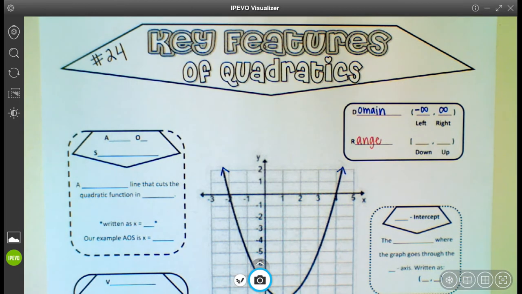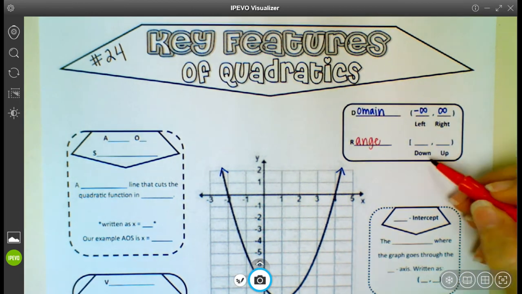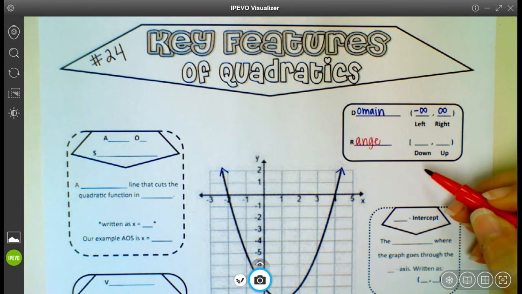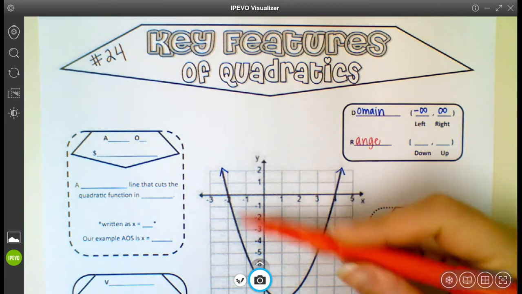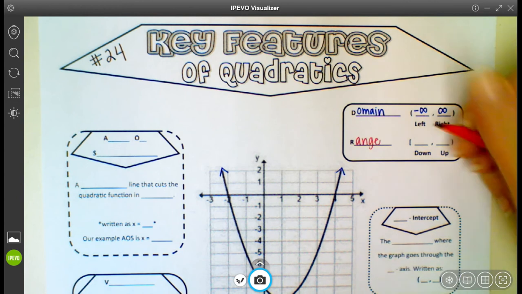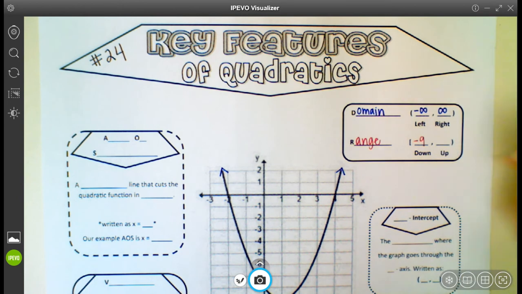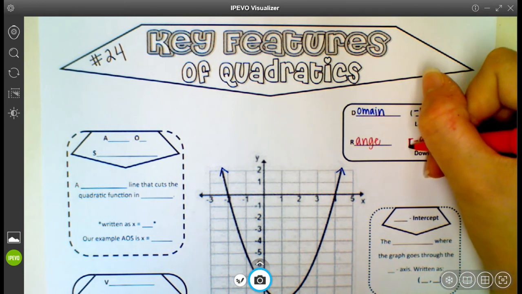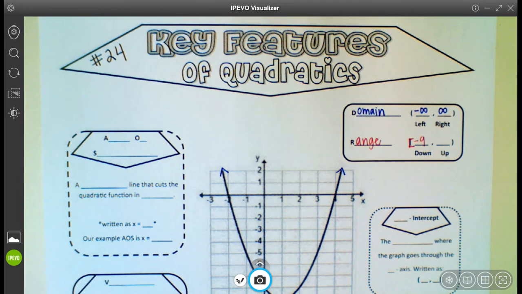Range is how low do you go? How far down does my graph go? According to this U shape, the lowest I am at is down here at -9. So -9 gets a bracket. This symbol is a bracket, which means I can touch -9.